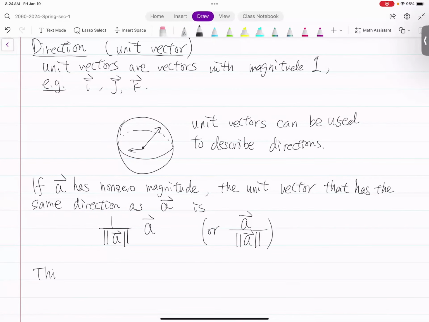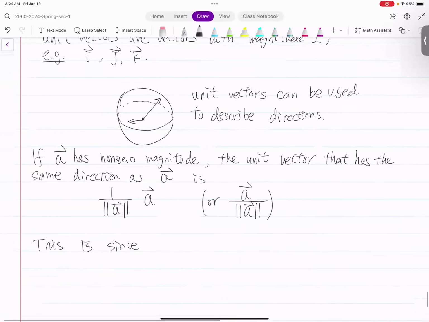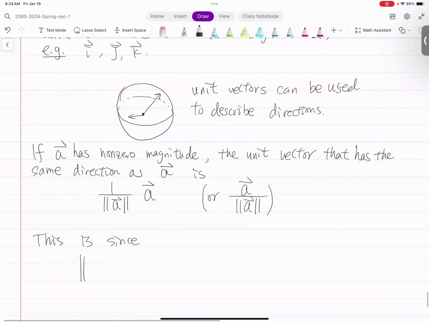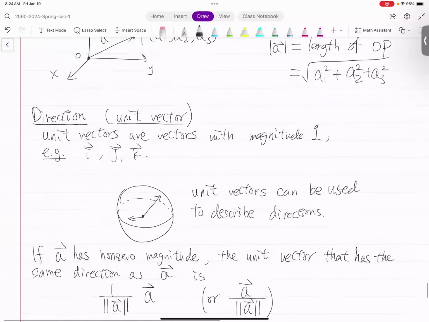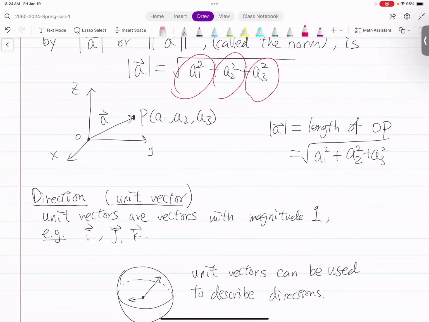Now, if you take the magnitude of this scaled vector, if you go back to the calculation formula for the magnitude, every component we divide by a constant.